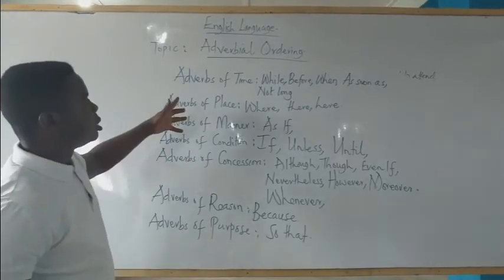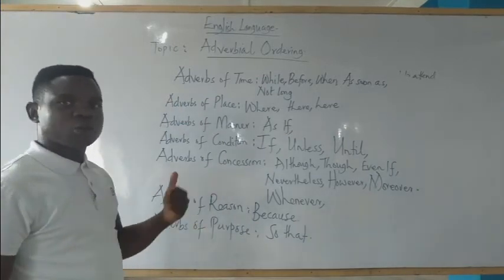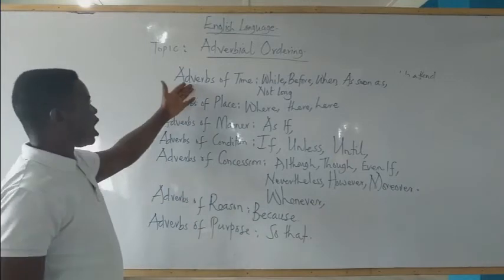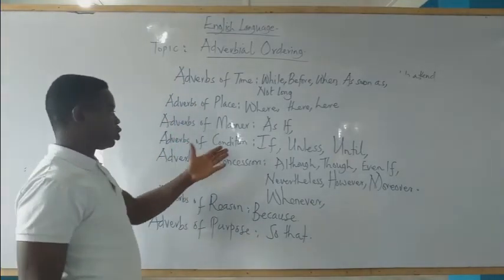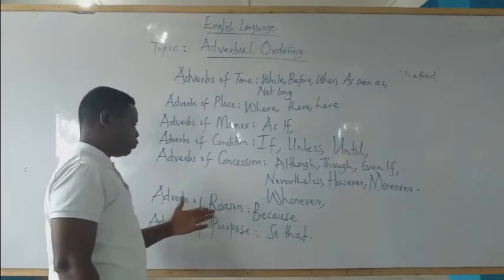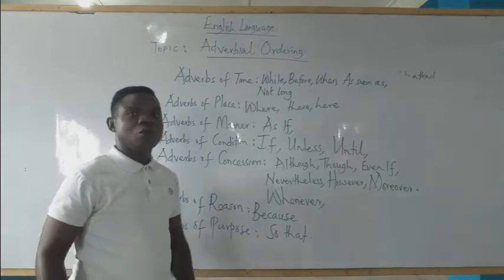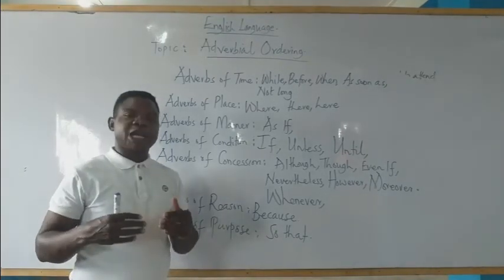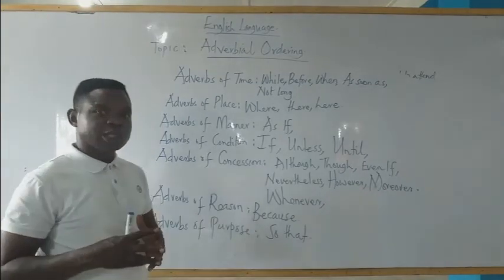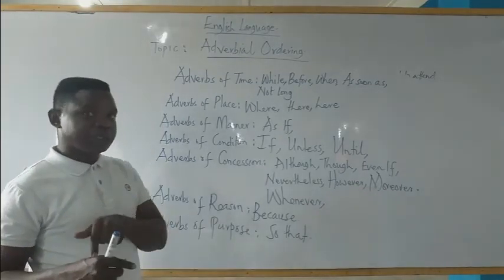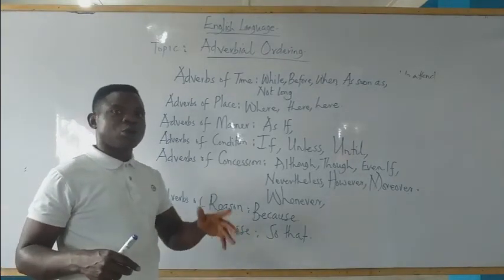These are the different types of adverbs which we have in English. We have adverbs of time, of place, of manner, of condition, of concession, of reason, and of what? Of purpose. Now, when adverbs appear in clusters in a sentence, we use that formula, MPT, to arrange them so as to make the expression correct in form.